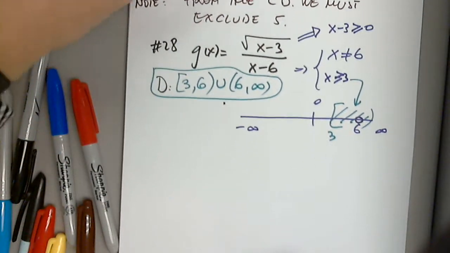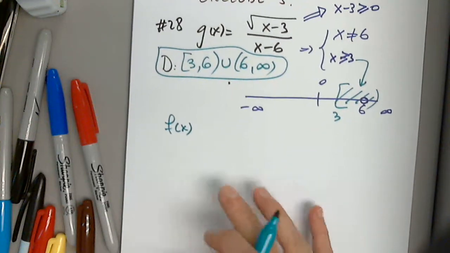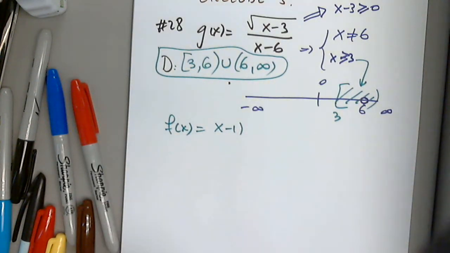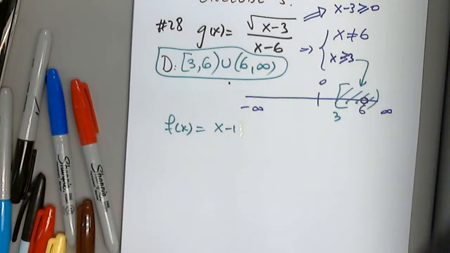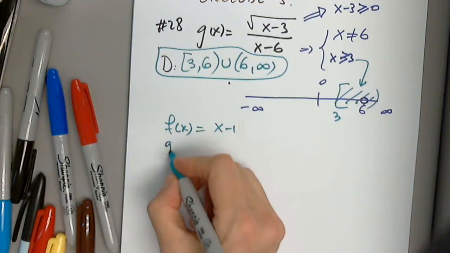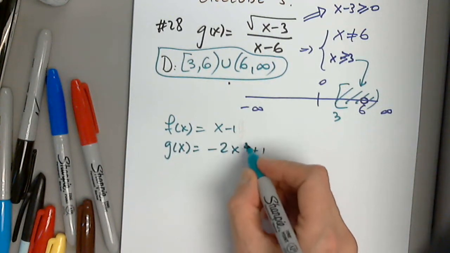Okay. So let's say we have these functions now. F of x equals x minus 1. Any questions for me? Please ask. You may see something I didn't say or I didn't do. Any questions? Okay, and let's say g of x equals negative 2x squared plus 1.